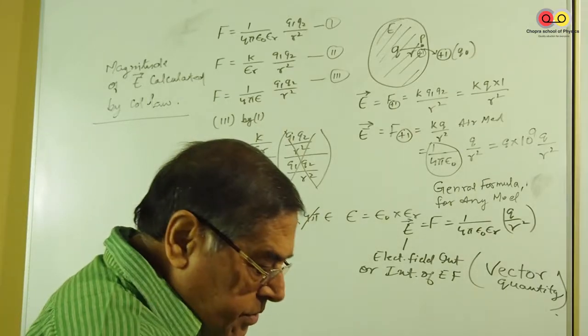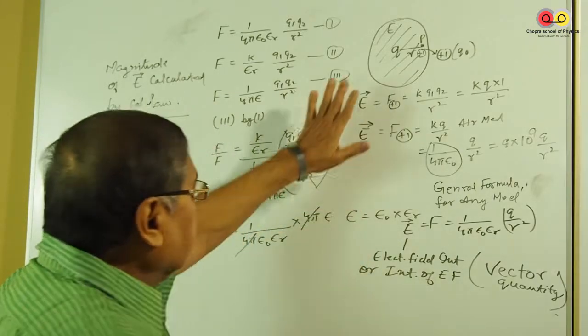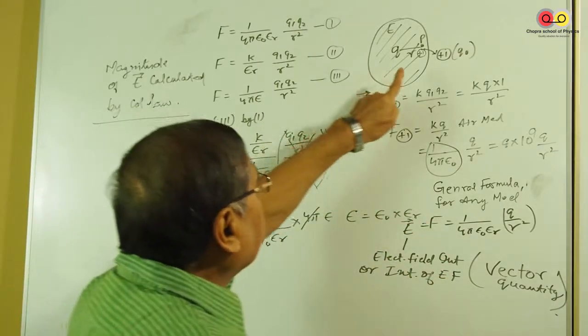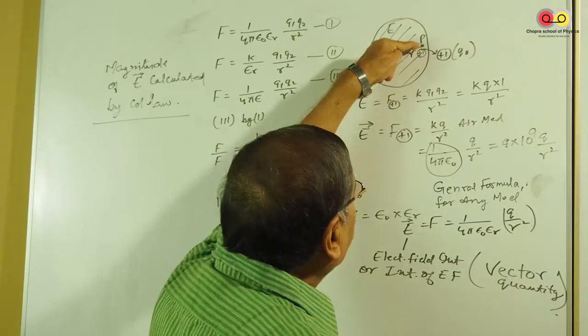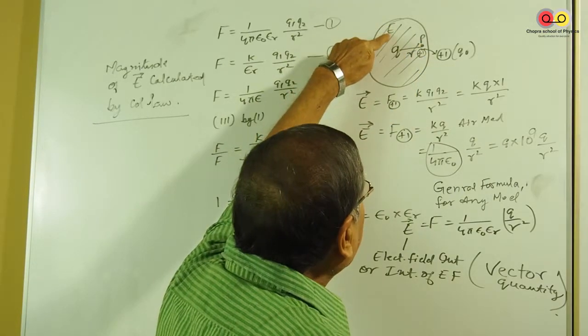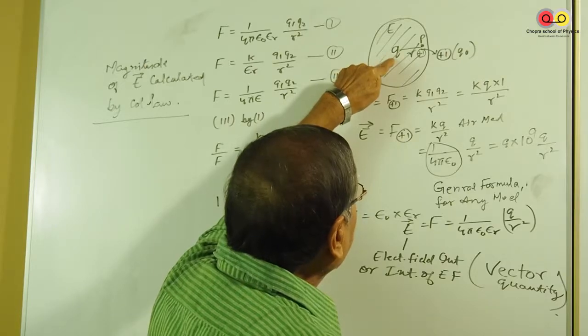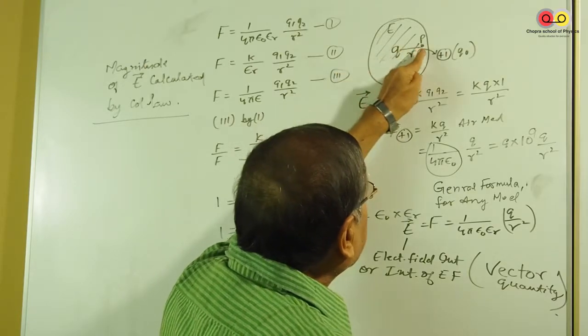So this is about intensity of electric field: the force experienced by unit positive charge at a point within the electric field due to a source charge at a given distance.